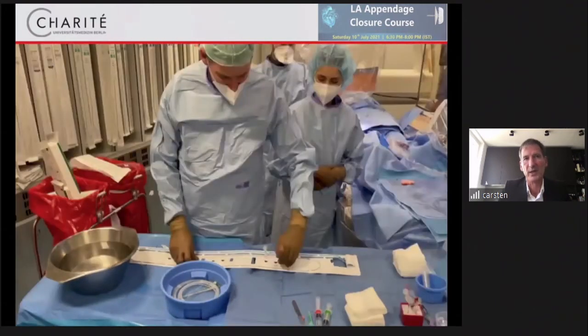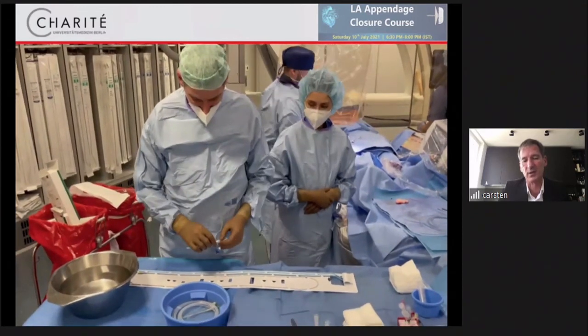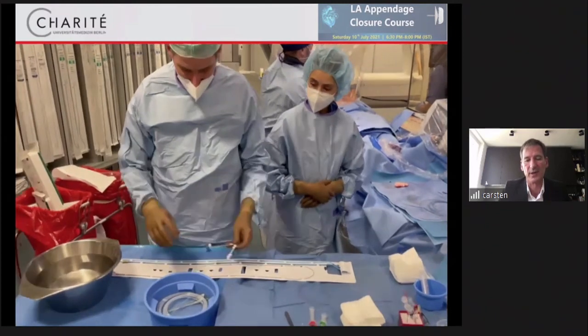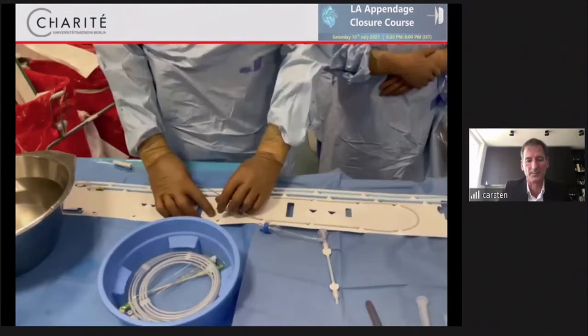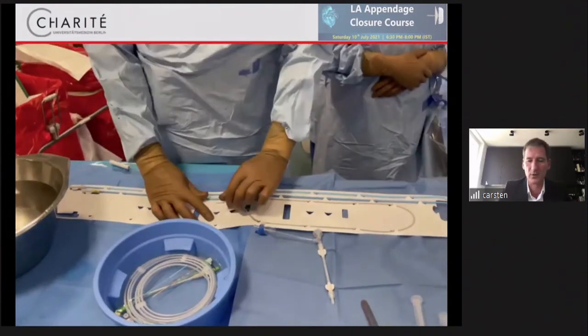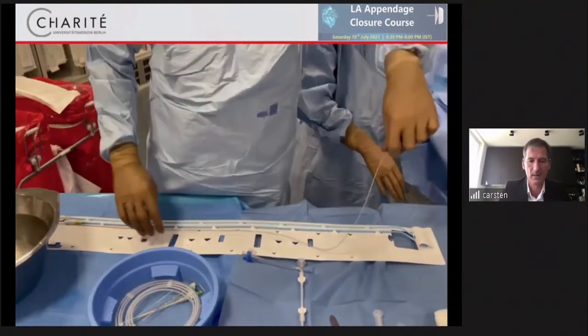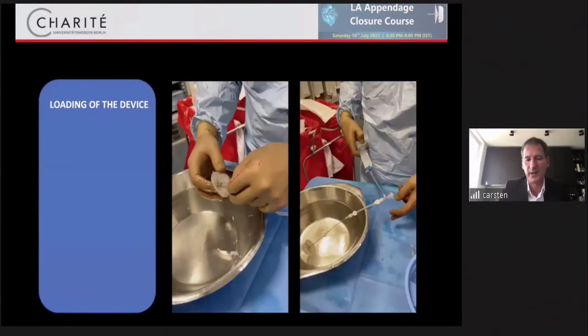Since you have so many options available, it doesn't come pre-assembled because you have to store all these devices. So you have the loader, then you have a wire, and you just put these together, as you can see here. And then you attach your device to the loader.